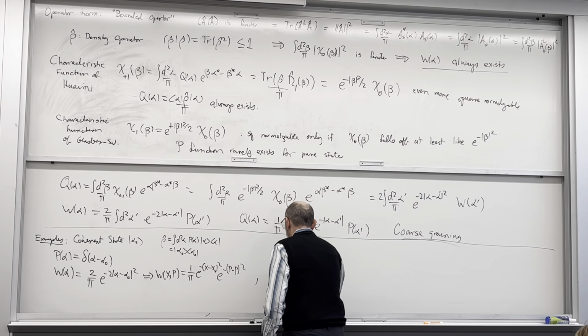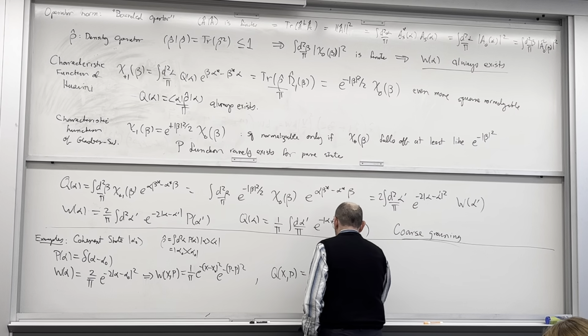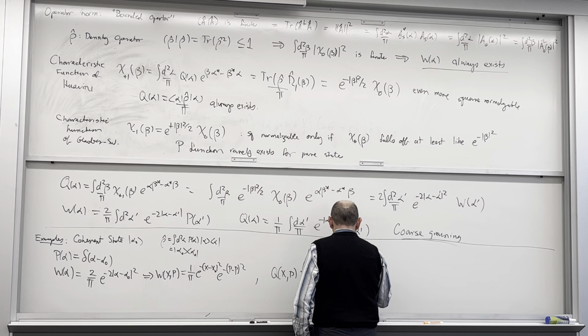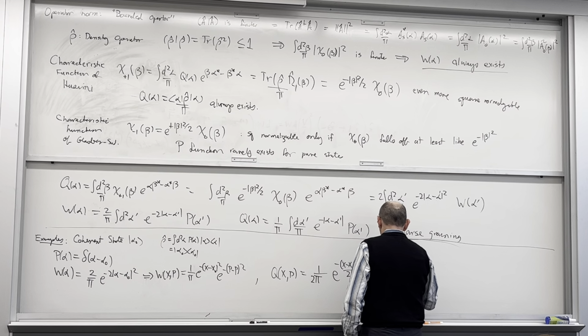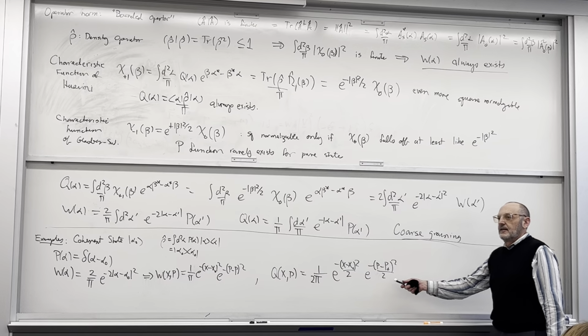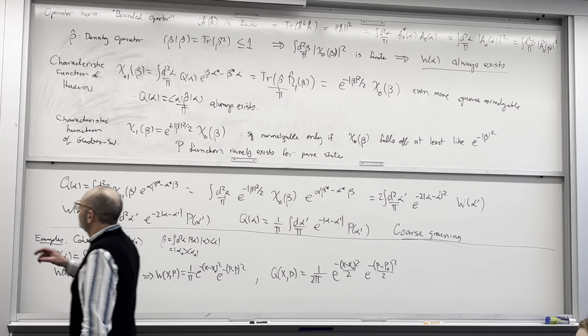And the Q function is that. That's twice the variance. Okay? Let's continue.